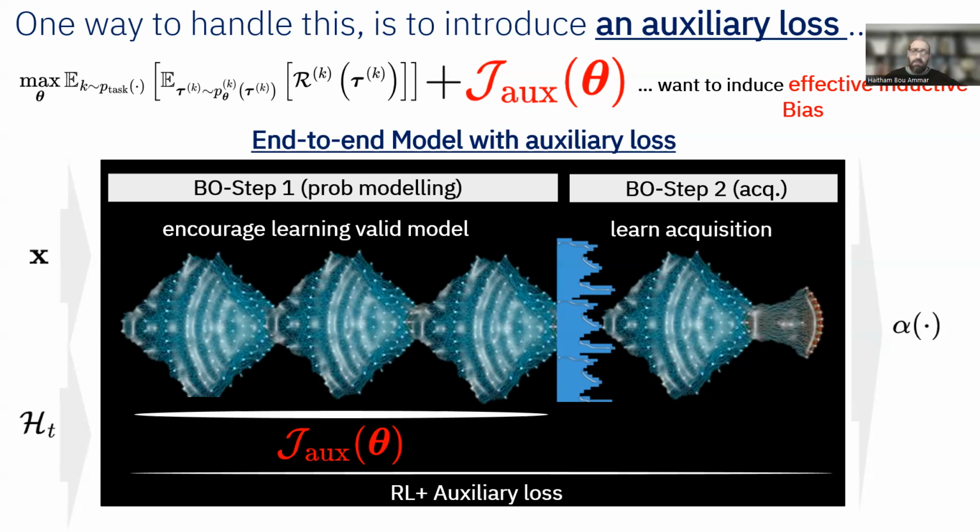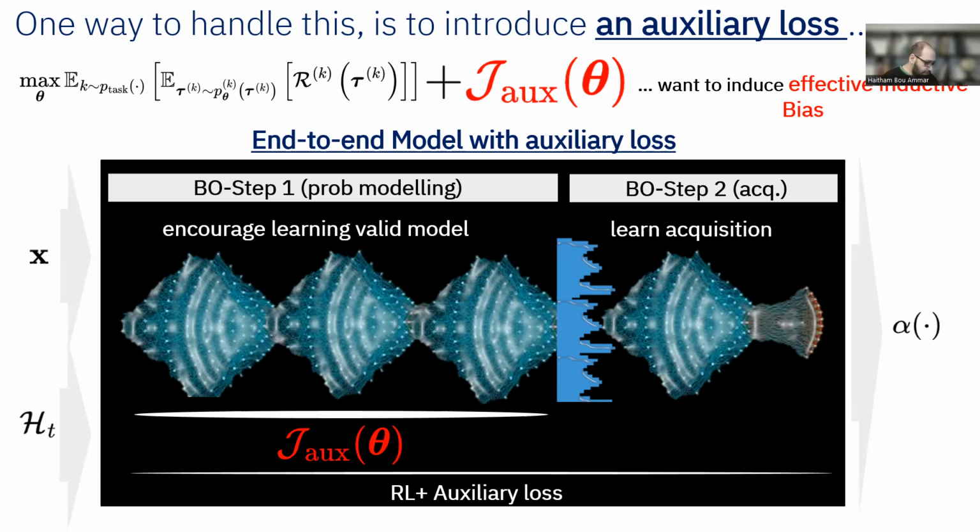However, there's a very nice idea proposed by DeepMind, I think, which is what we call an auxiliary task. We can introduce an auxiliary loss that induces an effective inductive bias that helps the RL agent learn. So instead of just optimizing this thing, we can add some J auxiliary, an auxiliary loss that provides an effective bias and helps us get better and better updates in reinforcement learning.